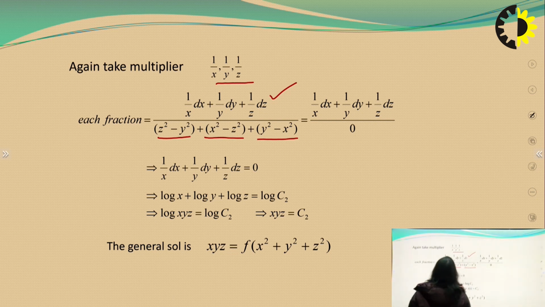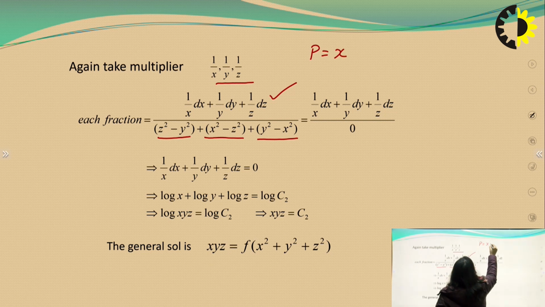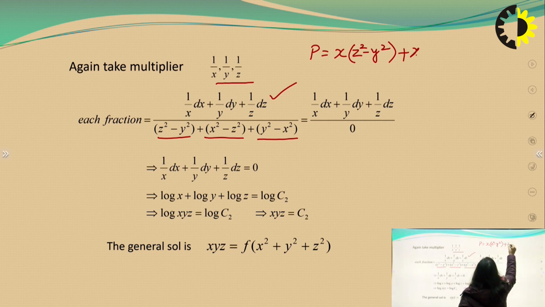Let me write P, Q and R over here. My P was x into z square minus y square plus x square minus z square.